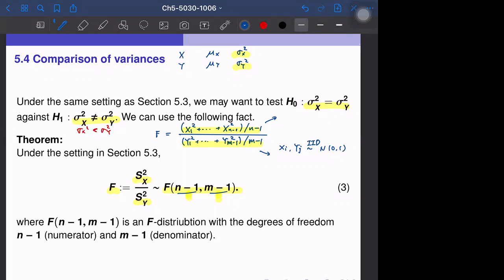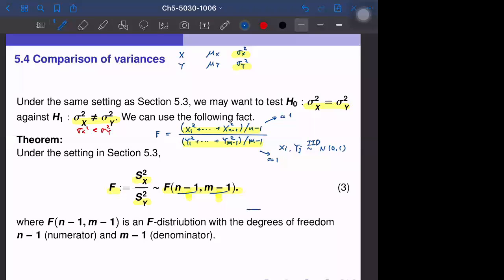I don't say the expectation of F is 1, but the numerator and the denominator are approximately 1 because everything is the square of a standard normal. The expectation of a squared standard normal is its variance, so that is 1. And we add n-1 terms, then divide by n-1. So approximately the expectation is 1. The denominator is also the same.